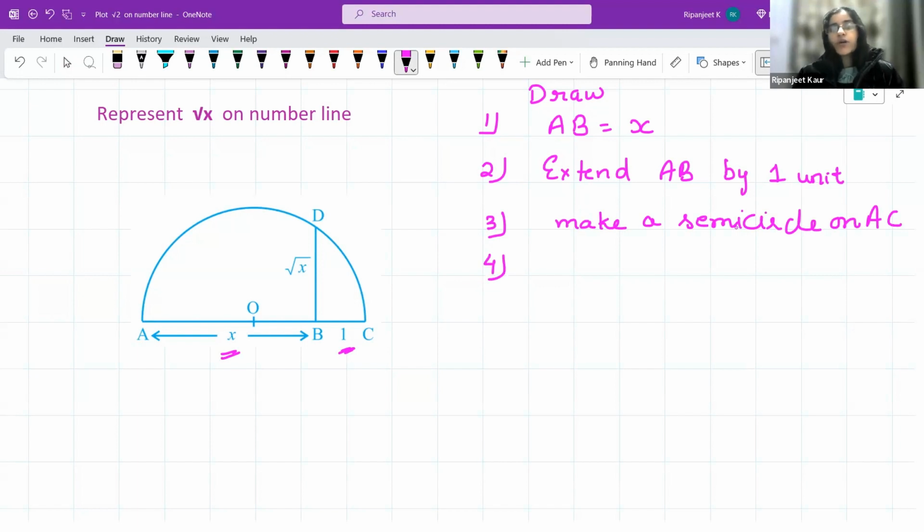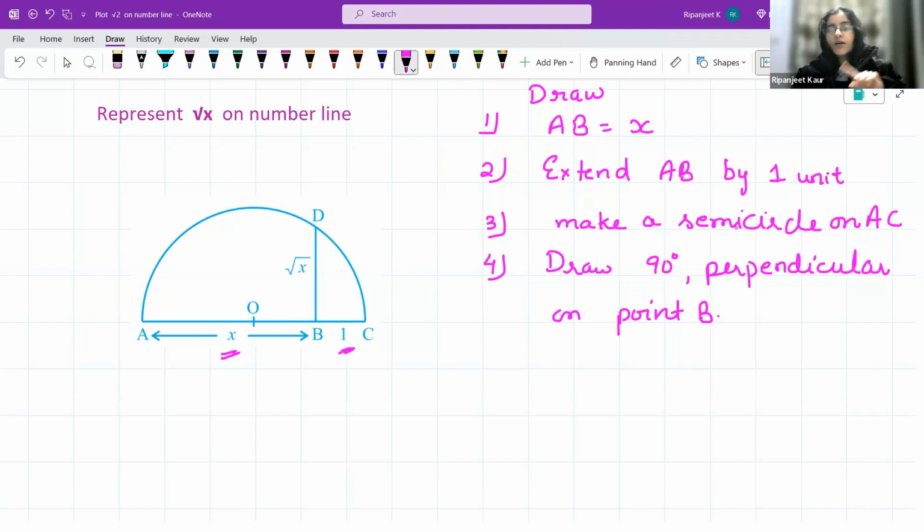Well, the fourth point is draw 90 degree, or what we call it, perpendicular on point B, right? Wherever it is cutting on the semicircle, that B to D, D is root x, right? This is the main points of construction.